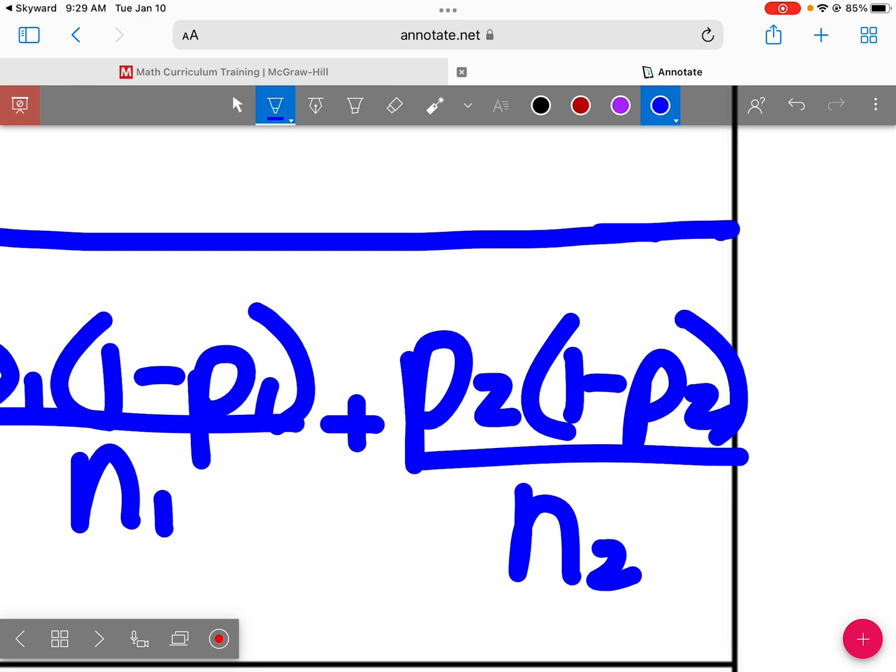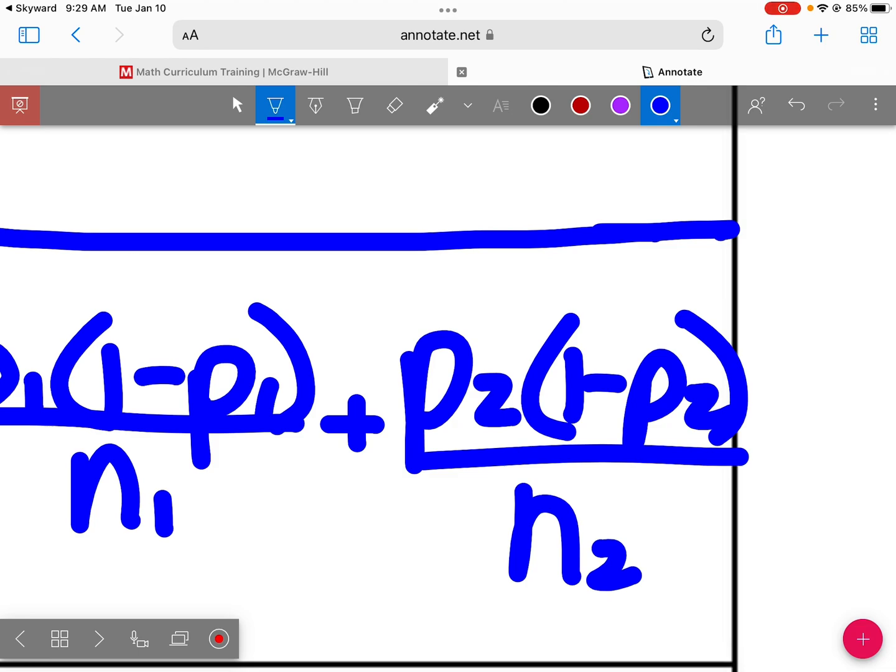What condition must be met for me to use the standard deviation formula? 10% condition. What are we checking with the 10% condition? Why does it matter if we take more than 10% out of our population? What would that change? Independence. We need to check for independence.